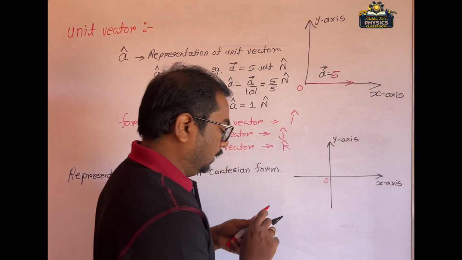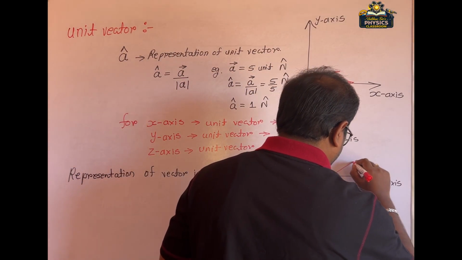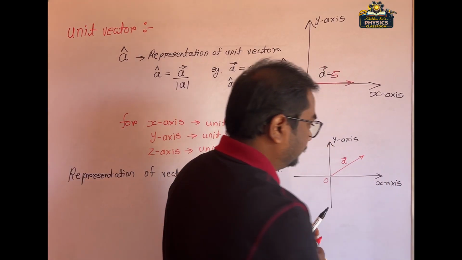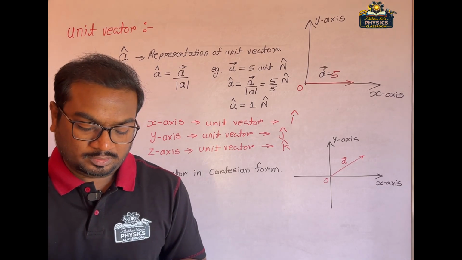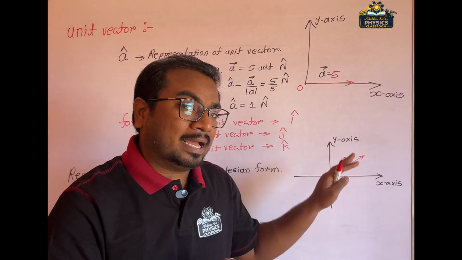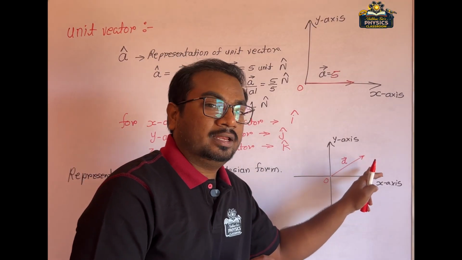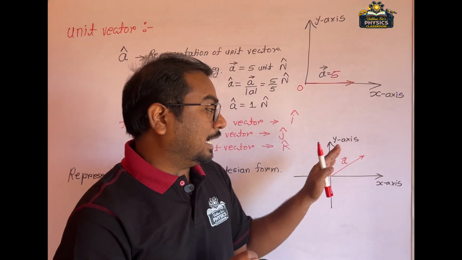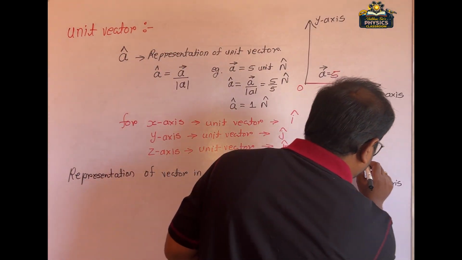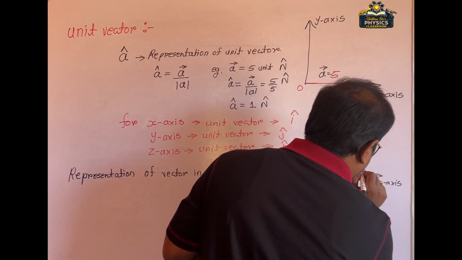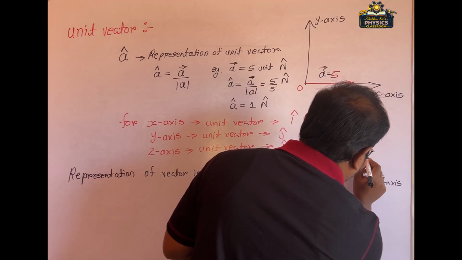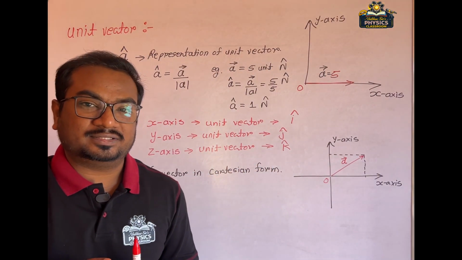If I take one vector A like that, I draw parallel lines from the head of vector A, one parallel to the y-axis and one parallel to the x-axis.